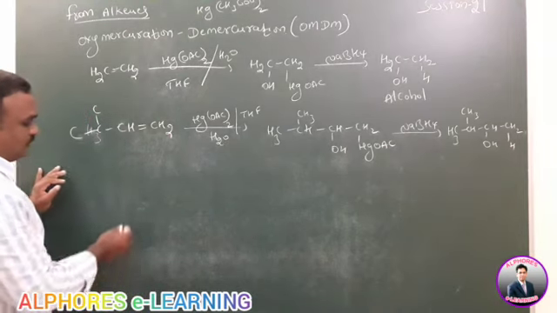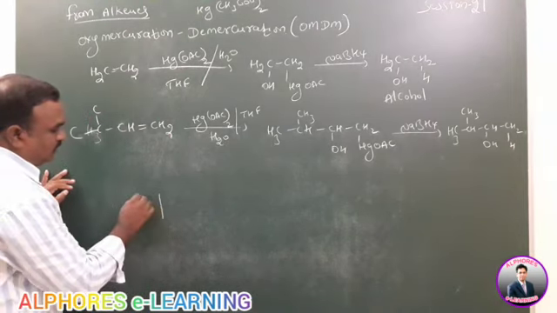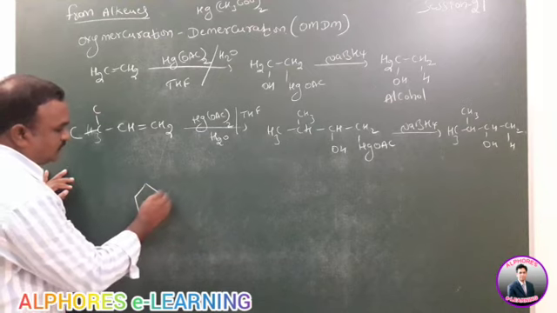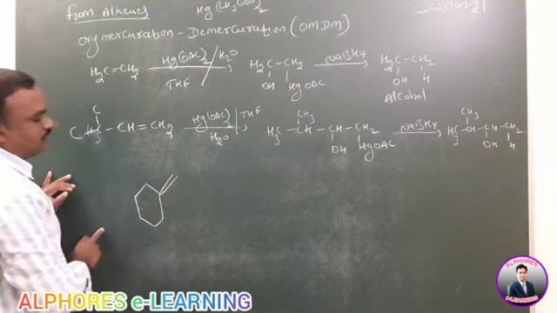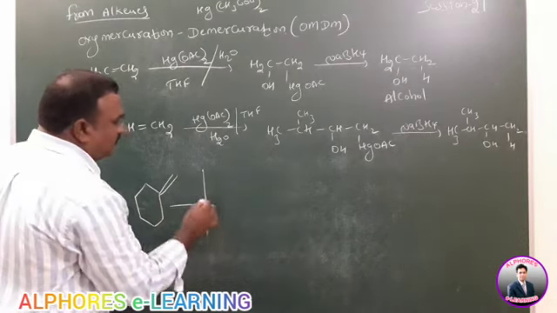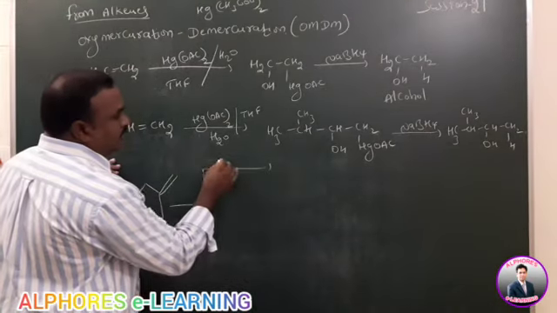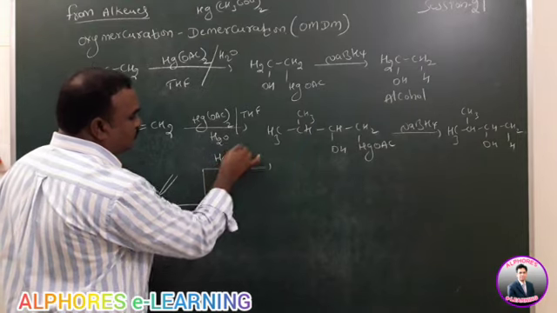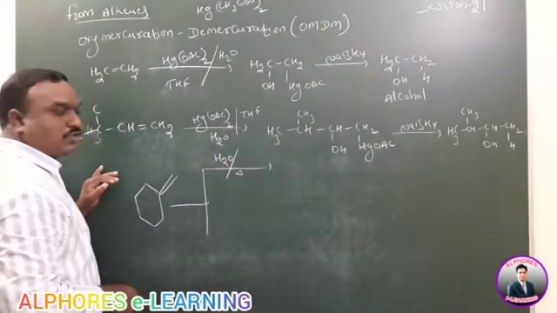For example, here a compound is given like this, which has a double bond here. Here H2O is given, with temperature.